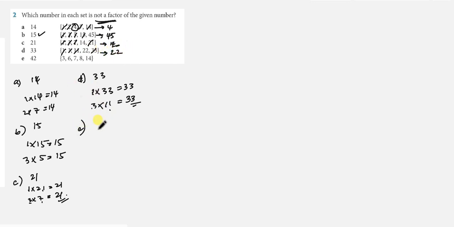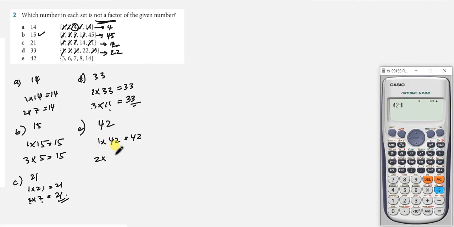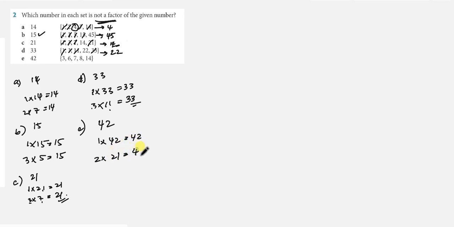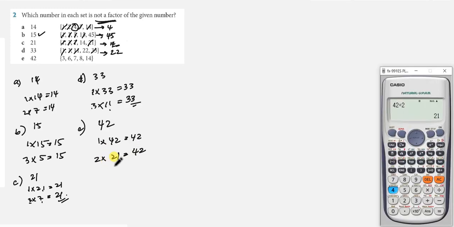E, we have 42. So 1 times 42 is equal to 42. 2 times, let's check, 42 divided by 2. 2 times 21 is equal to 42. And then 3, is it possible by 3? 42 divided by 3.